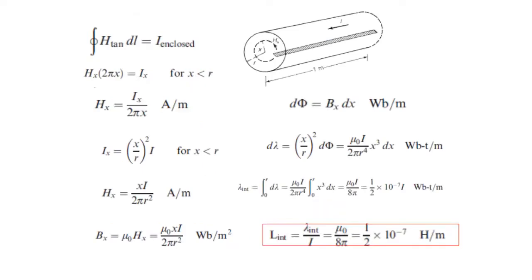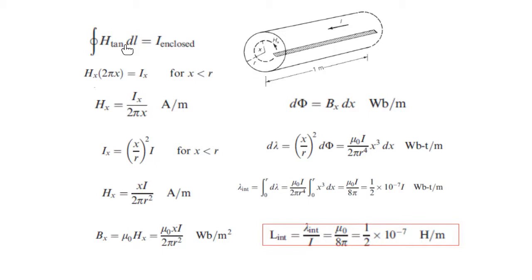Okay. So we started with the inductor itself. The inductor is a solid conductor, and this is the inductor here. We have the length of the inductor. So this is, for example, 1 meter length, because this will be per meter. So we calculate the inductance per meter.